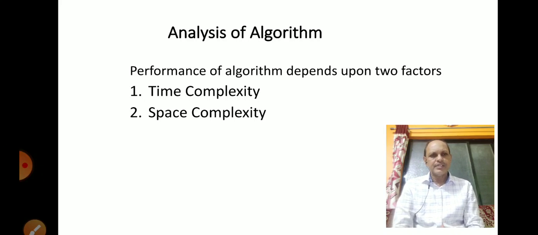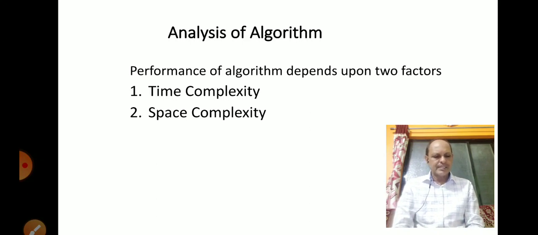The first, time complexity. Time complexity of an algorithm is the total amount of time required by an algorithm to complete its execution. In simple words, every piece of code we write takes some time to execute.